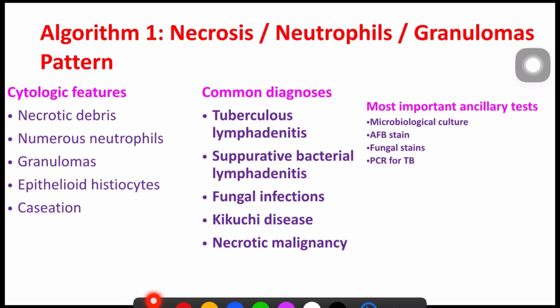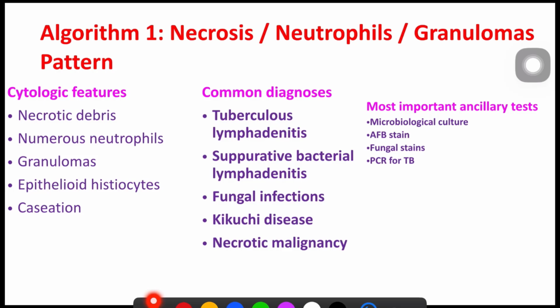Now let's see algorithm 1. Here we have to identify necrosis, neutrophils and granulomas, and this pattern is called the necrosis, neutrophil or granulomas pattern. So what are the cytological features? You will find necrotic debris, either in the form of caseation, numerous neutrophils if an abscess is there, and granulomas with epithelioid histiocytes and caseation, right?